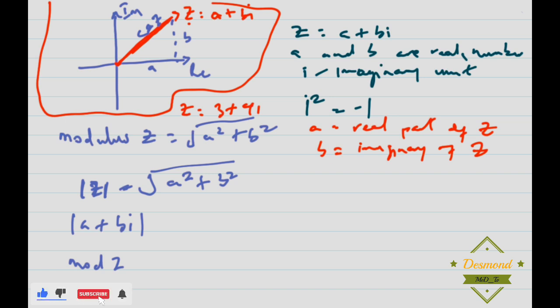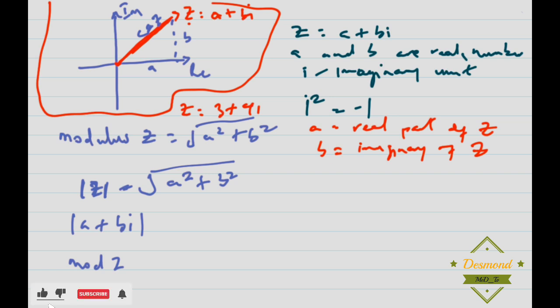Sometimes the question can also be given to you in this form. They'll give you z equals 3 plus 4i, and they'll put the question like find the modulus of a plus bi. It's the same as the modulus of the complex number.